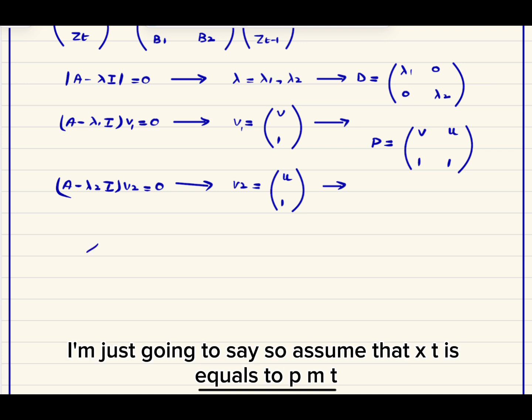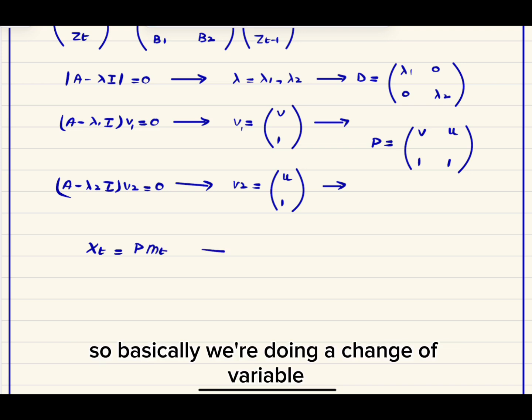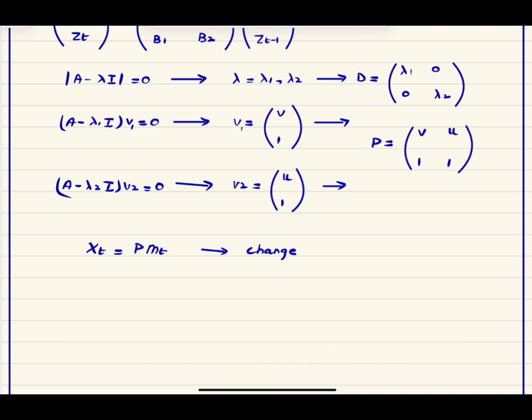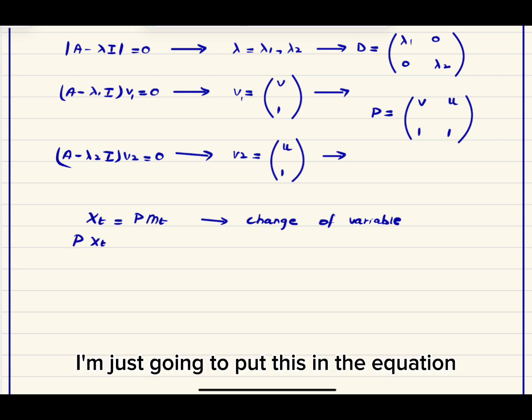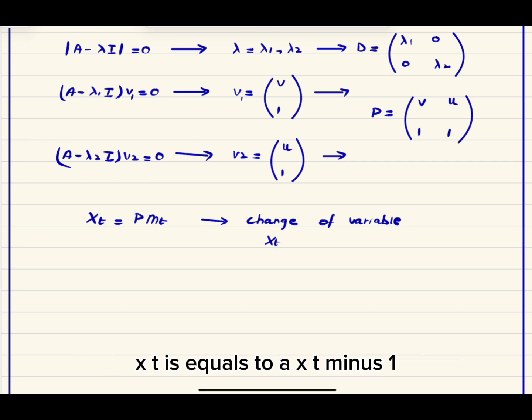What are we going to assume? Assume that xt is equal to P mt. So basically we're doing a change of variable. I'm just going to put this in the equation xt equals A xt minus 1.